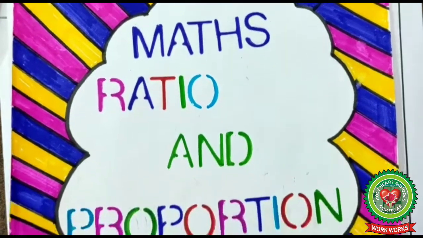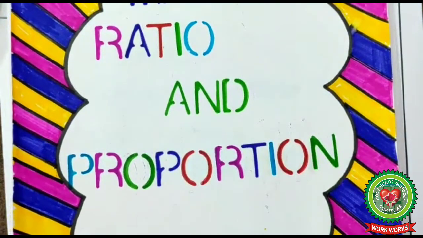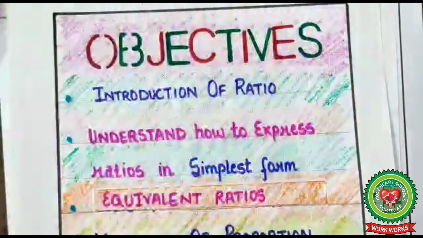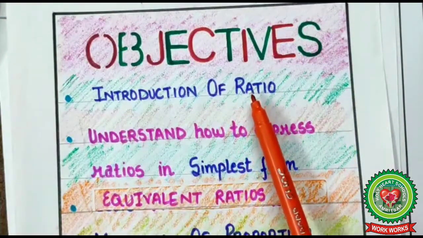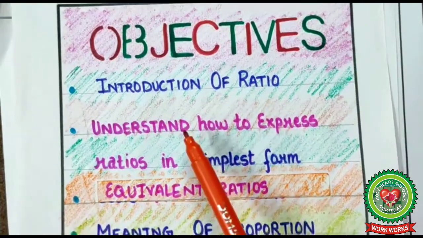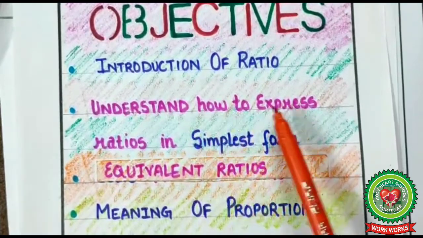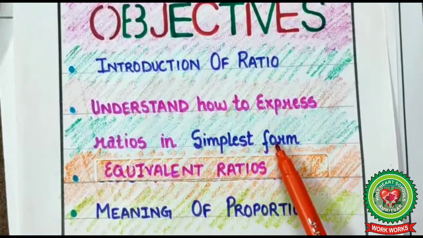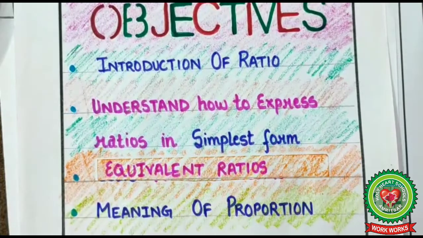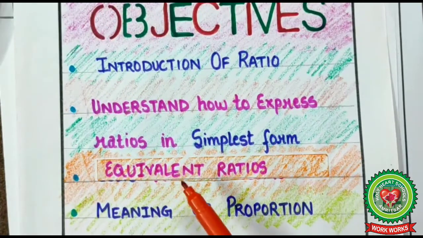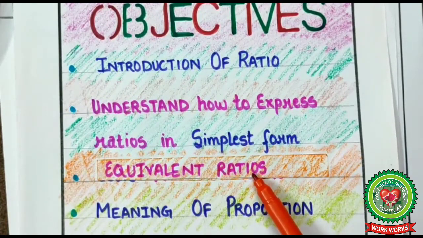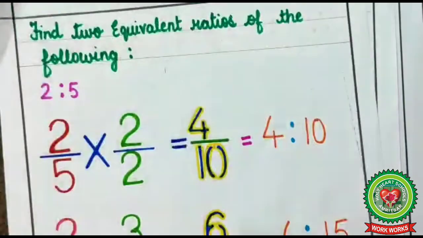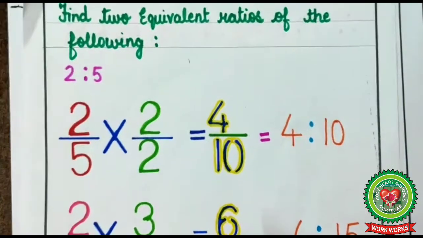In chapter ratio and proportion, we have already done introduction of ratio, understand how to express ratios in simplest form. Today we are going to continue with equivalent ratios. Let's understand with examples.